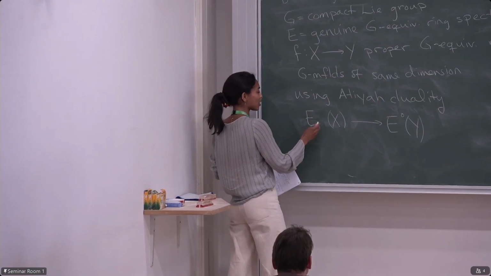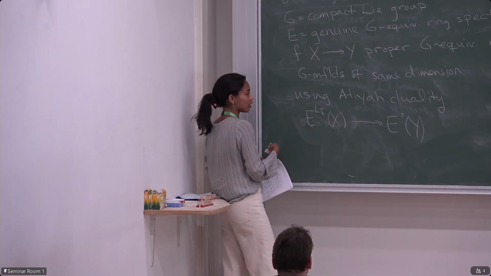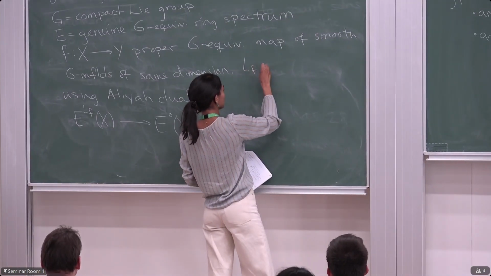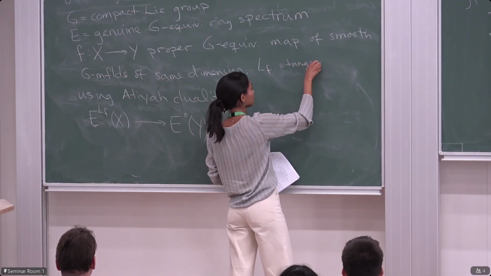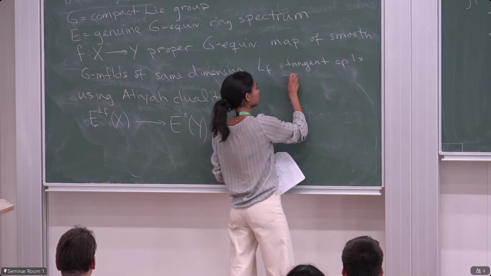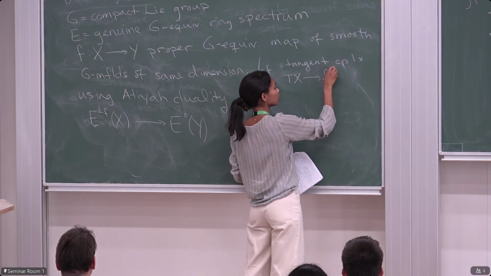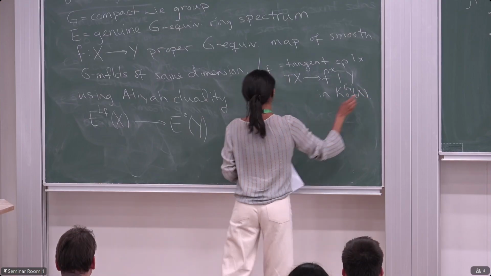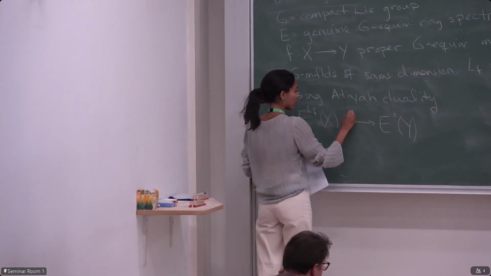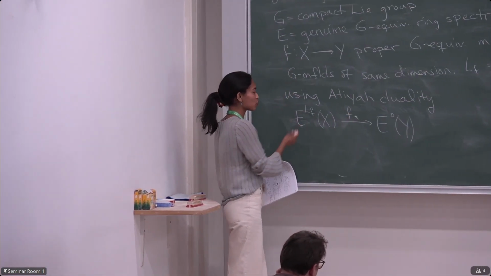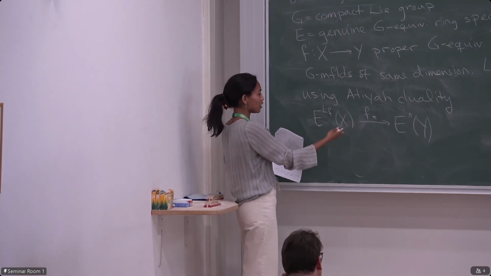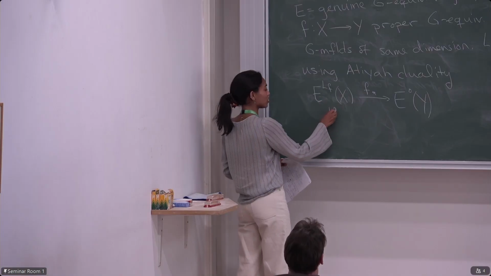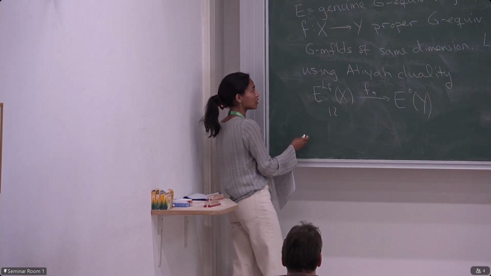And it's twisted exactly by the Thom spectrum of the relative tangent complex. So we have a push forward. It's not a push forward from degree 0 to degree 0. It's twisted, but let's assume that f is relatively E-oriented.